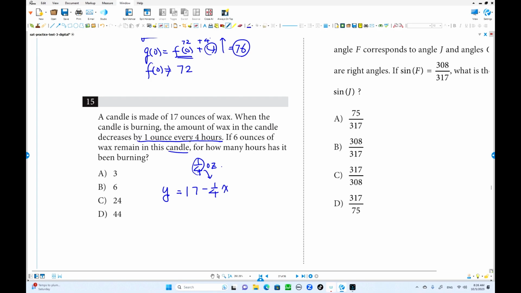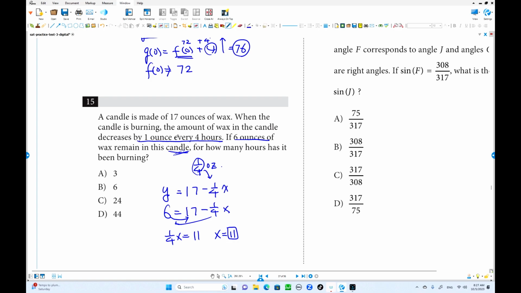So 6 ounces remained. You can solve this for x. Move 1/4 x to the left, and move the 6 to the right. 17 minus 6 is 11. Then times 4, x equals 44.